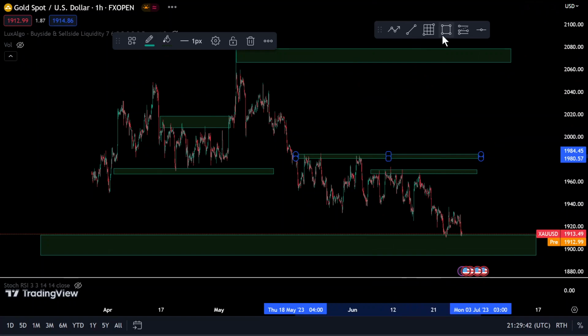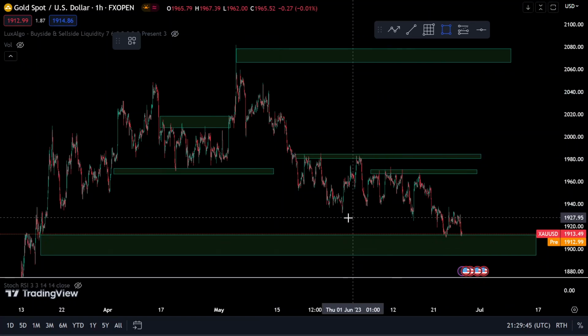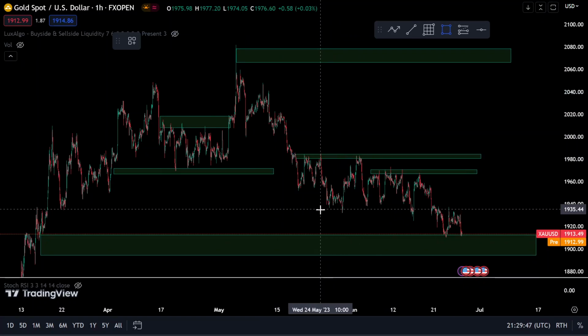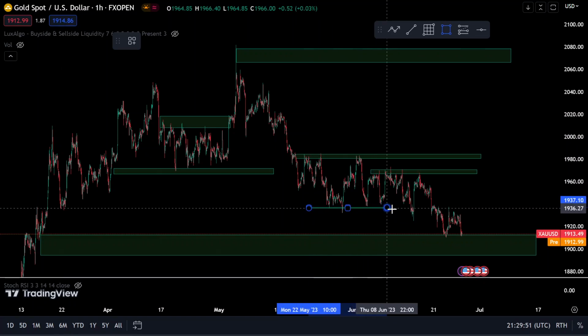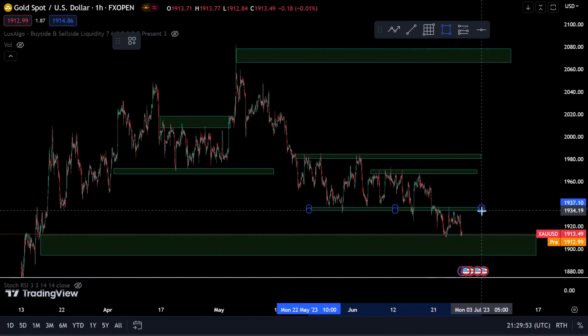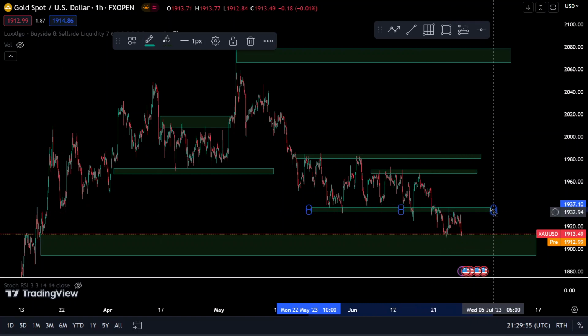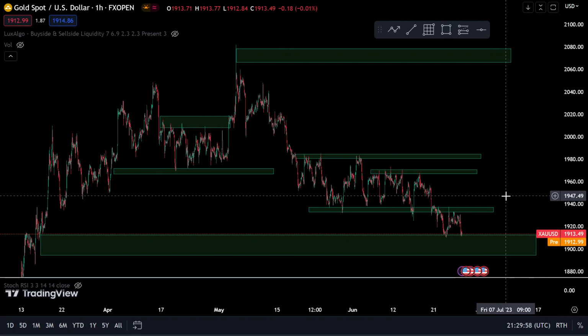And then finally, let me use this as my final one for the support. We can also find significant support and resistance here. So sometimes a support can become a resistance and a resistance can become a support.